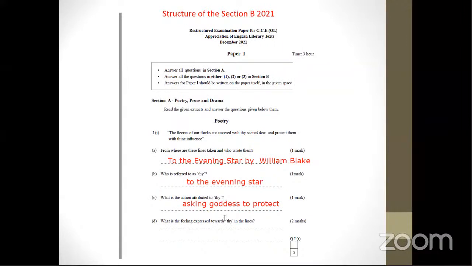You have to look into the word feeling. What is the feeling expressed towards thy? I see some answers. Holiness. Sacred?